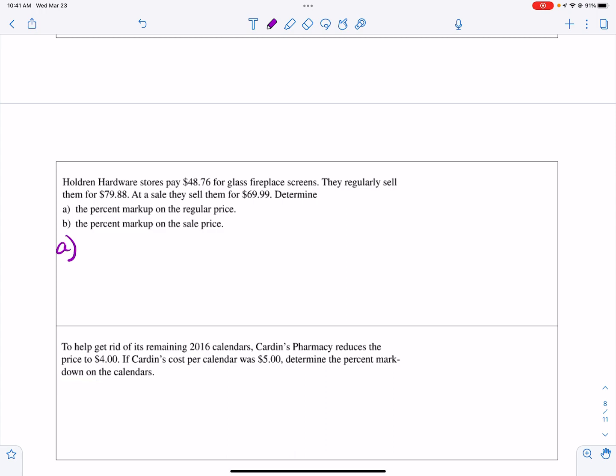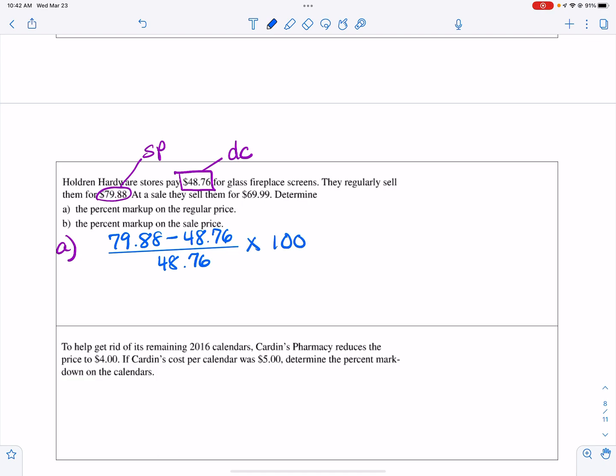First, it says the dealer's cost is $48.76. And then they're going to sell it for $79.88. So in my formula, I take the selling price minus the dealer's cost divided by the dealer's cost and then times it by 100.